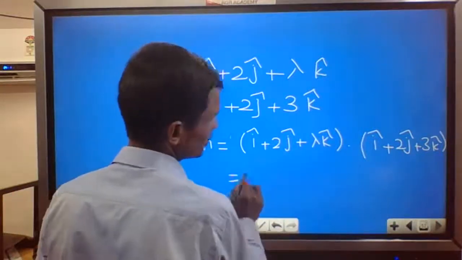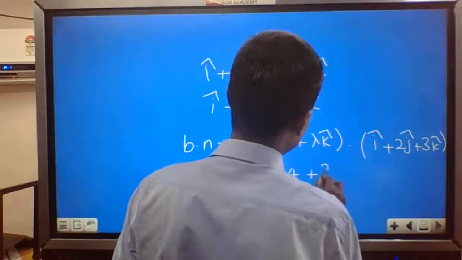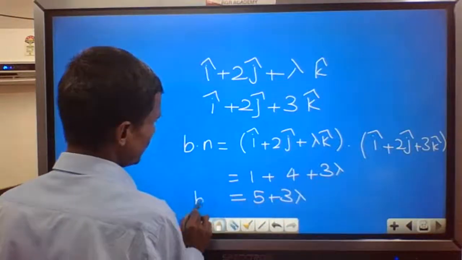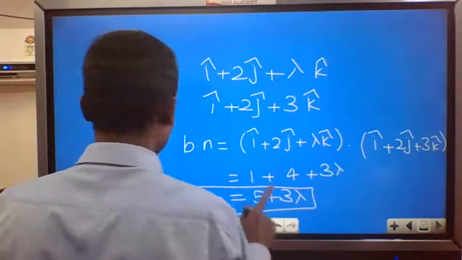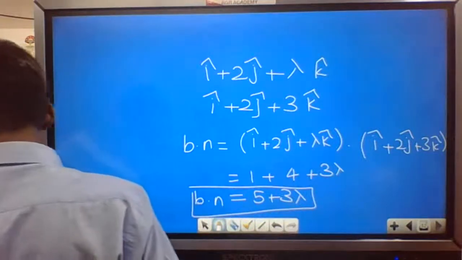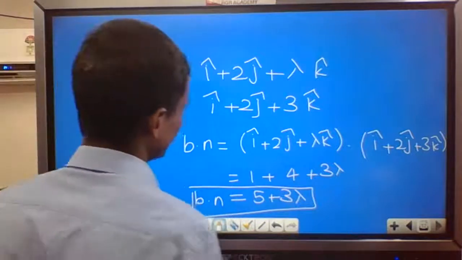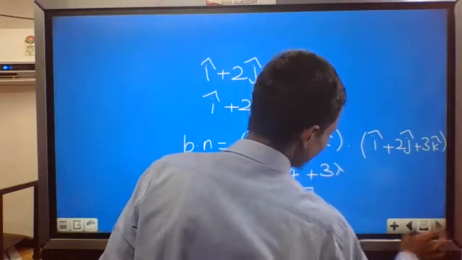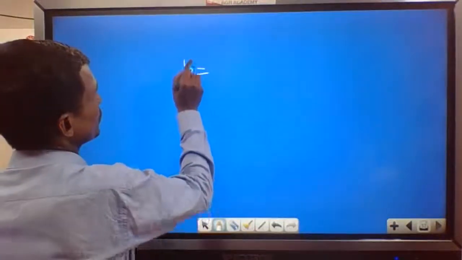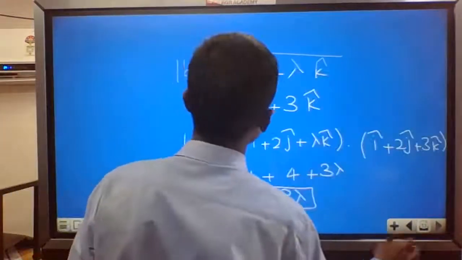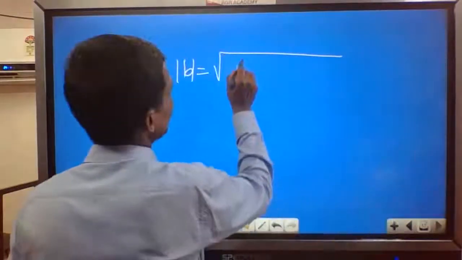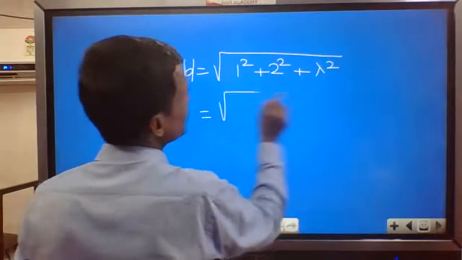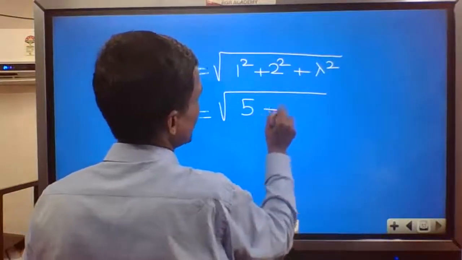So 1 plus 4 plus 3 lambda. That is called what? b dot n, which is nothing but 5 plus 3 lambda. And then the modulus b equal to root of 1 squared plus 2 squared plus lambda squared, that is, root of 5 plus lambda squared.